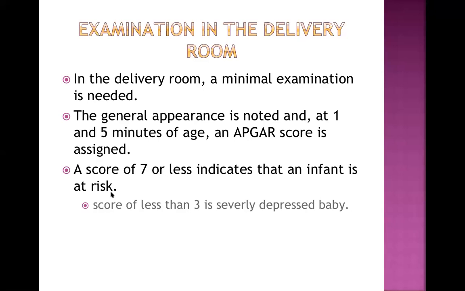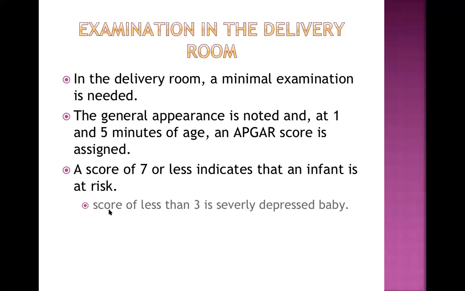But if it still remains 5 at 5 minutes, something is wrong. Then I have to find why the baby is not able to adapt. These are very important points.